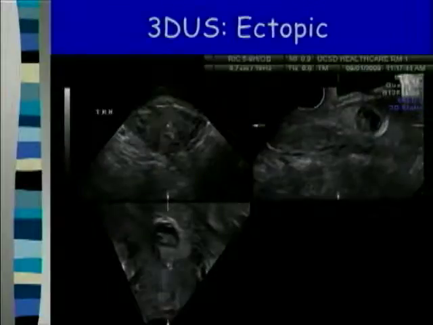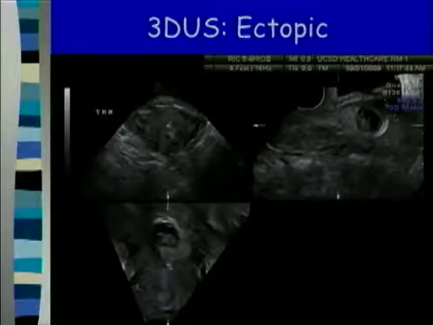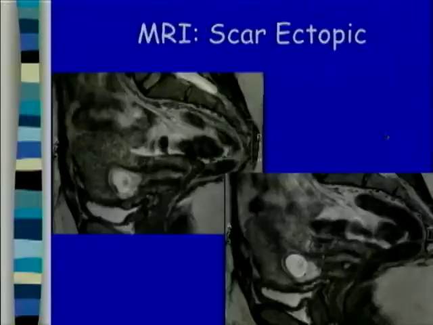But then when we did 3D, it was really helpful to line up the cervix here and see that it was in the position perfect for a cesarean scar ectopic. There's the bladder right here, and it's sitting right there in the middle. And we did end up going on to do an MRI because they're not common. This was our first one to identify, but now they're becoming more and more common.